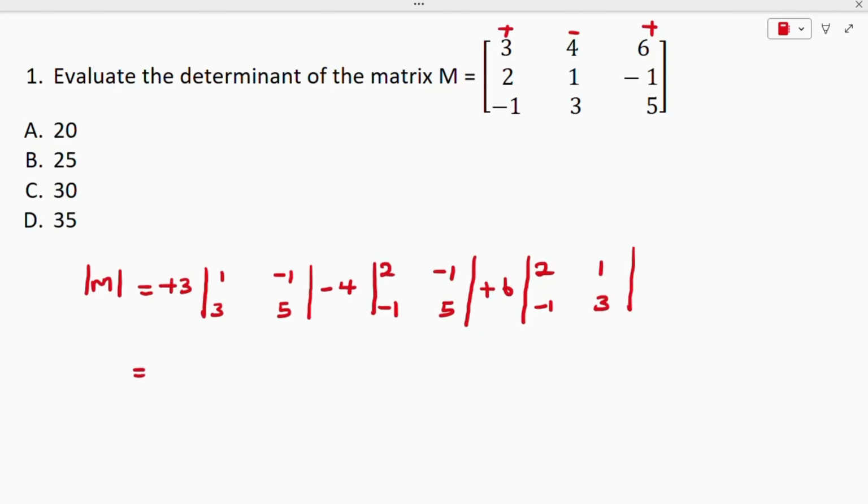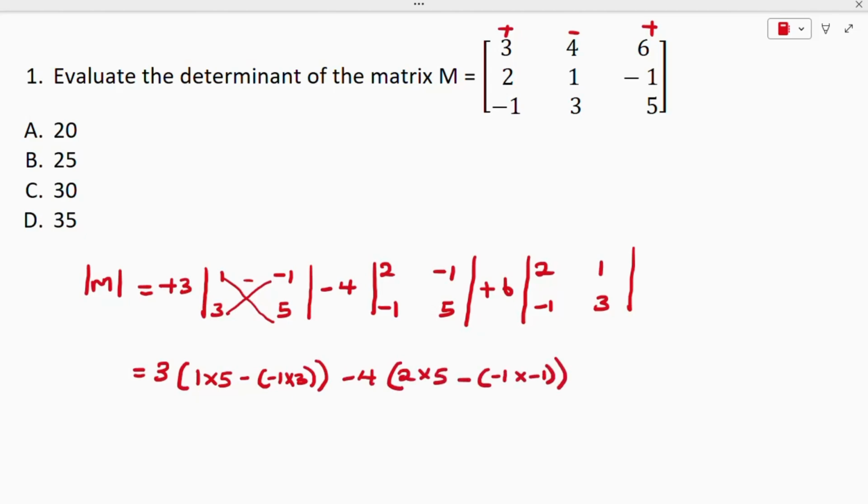Alright, so this is equal to 3 multiply, now this is going to multiply and this is going to multiply, then we minus. Okay, so we have 1 times 5 minus into negative 1 times 3, minus 4 multiply 2 times 5 minus into minus 1 times minus 1, plus 6 into 2 times 3 minus into minus 1 times 1.